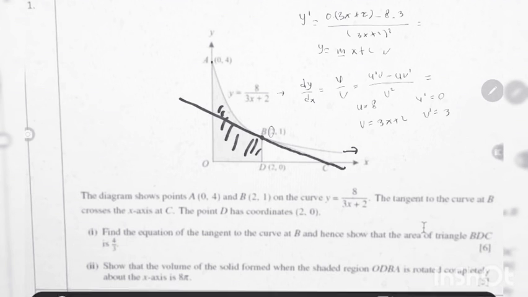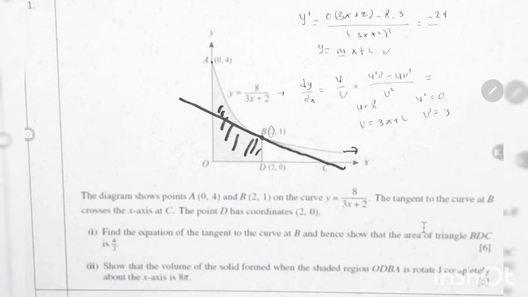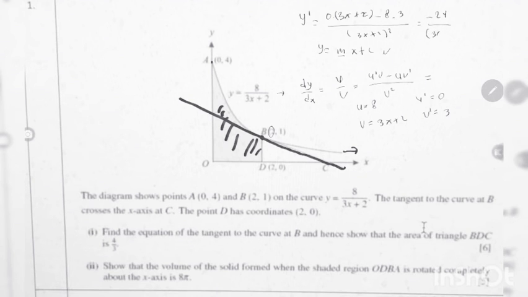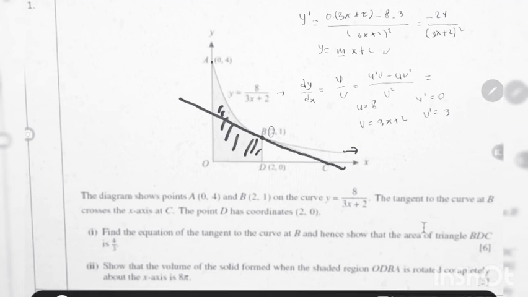Then we have negative 24 over (3x plus 2) squared. So this is the first derivative dy dx of the curve.